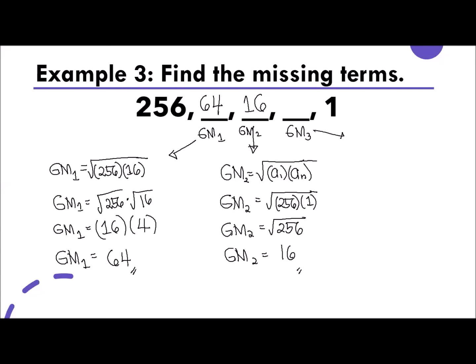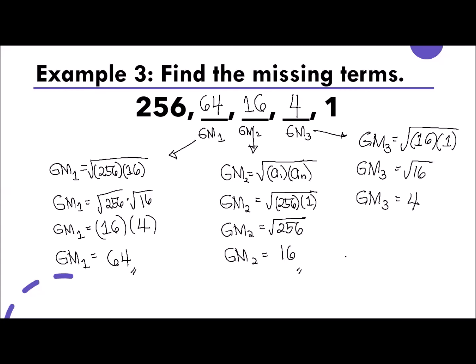Next, the last one. I hope you can now get it. So, the third geometric mean, we're going to simplify the square root of 16 times square root of 1. Okay, so in short, we're pertaining to the square root of 16, so which is 4.